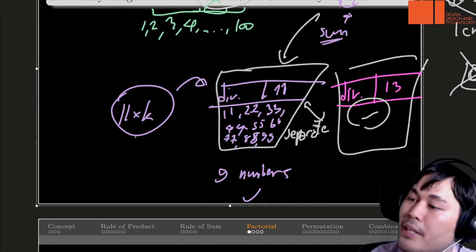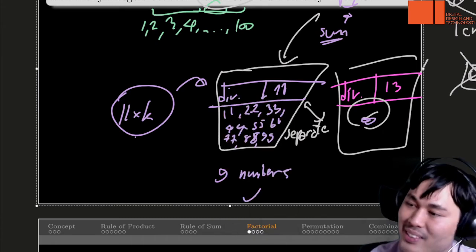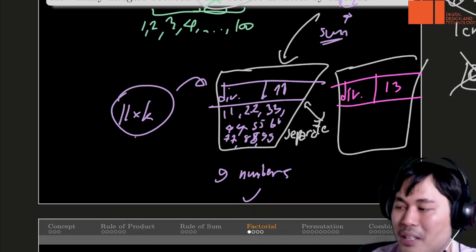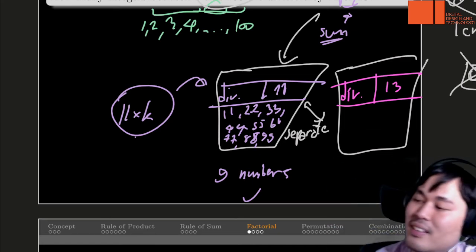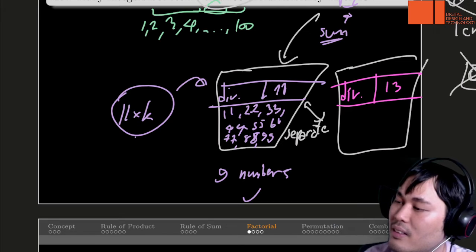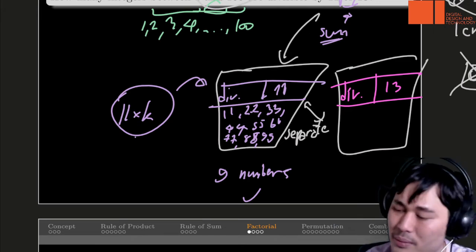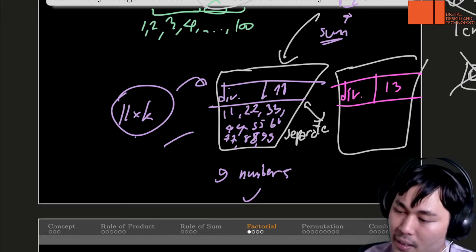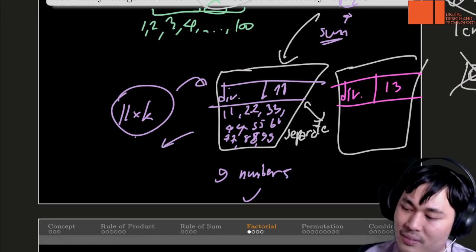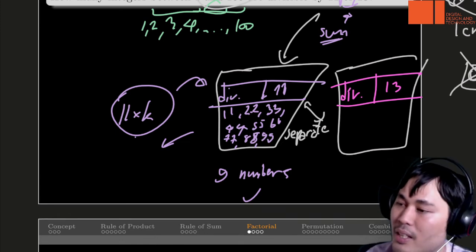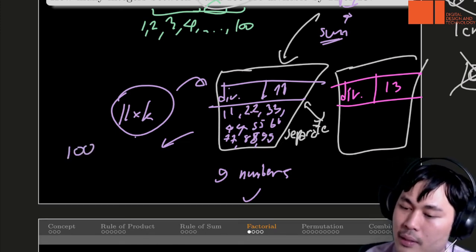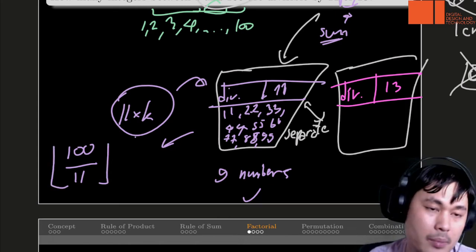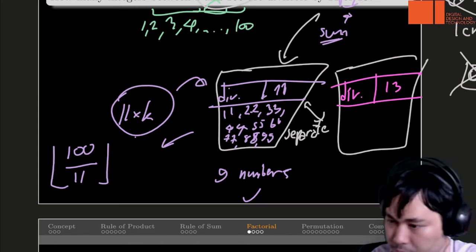Okay, so far so good. We counted how many numbers are in the first bin. Maybe I should include that formula in the lecture too. If you want to count without listing all the numbers, you say: it is up to 100, and you want all the numbers divisible by 11.